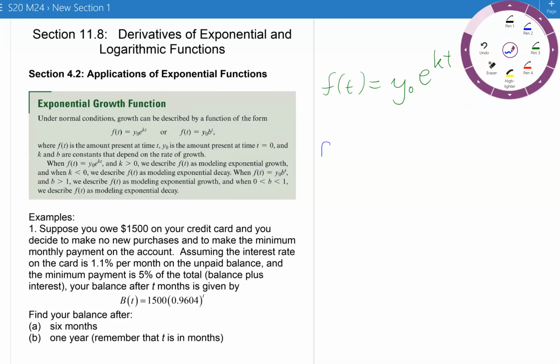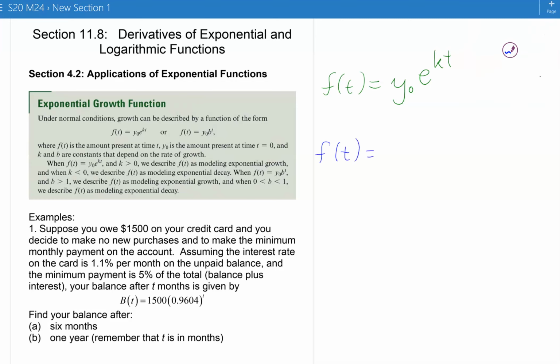Or they can also be written as f of t is y0, the beginning amount, b to the t with a different base. So y0 is always the beginning amount. And then the k is called a growth factor.